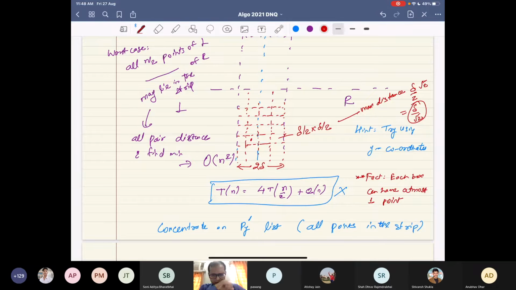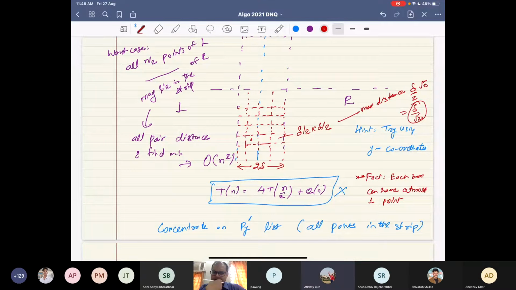But we have already seen that delta is the minimum of distance between all pairs on the left hand side and all pairs on the right hand side, and we are never crossing in a box. A box either comes completely to the left hand side or completely to the right hand side. Is that clear? Okay, sir.